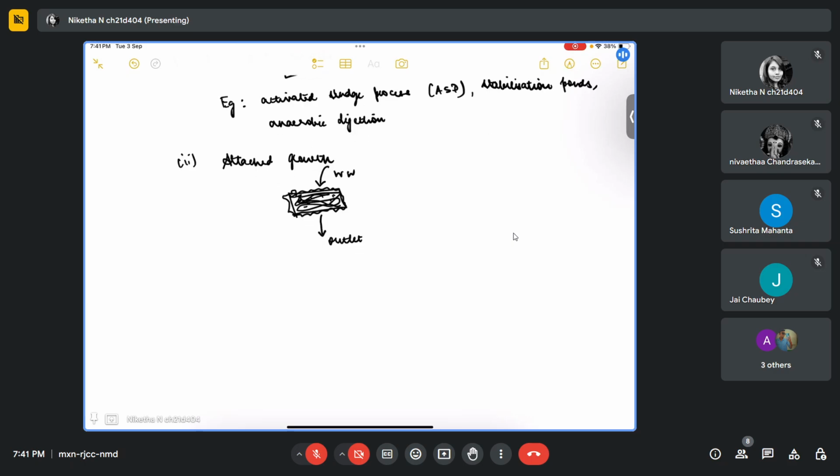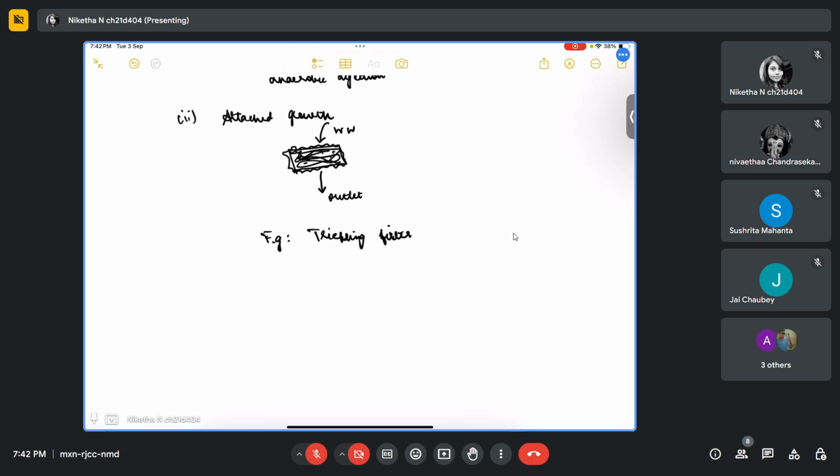An example of this is the trickling filter, and the rotating biological contactor or RBC.